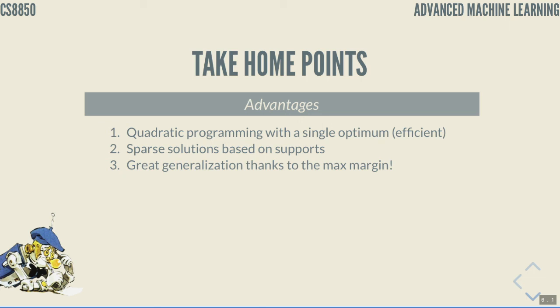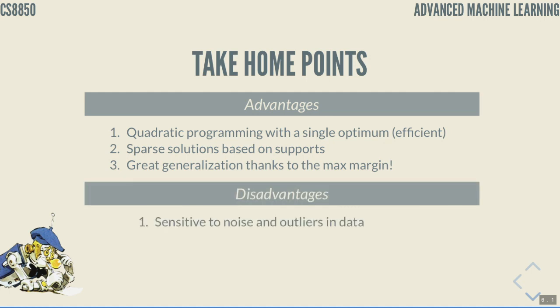Well, let's talk about disadvantages first. SVMs are sensitive to noise and outliers in data. Just start adding outliers and the solutions, even with soft margins, will be affected. Making or choosing a kernel for the task is an art, and that is actually the largest problem with support vector machines, and that's why deep learning has replaced support vector machines, at least in the popular discourse in academia now.